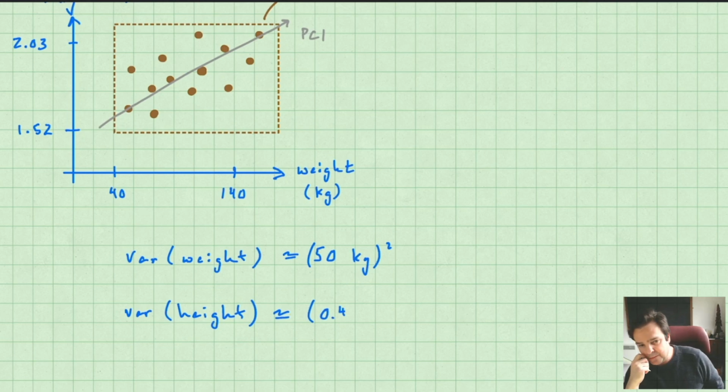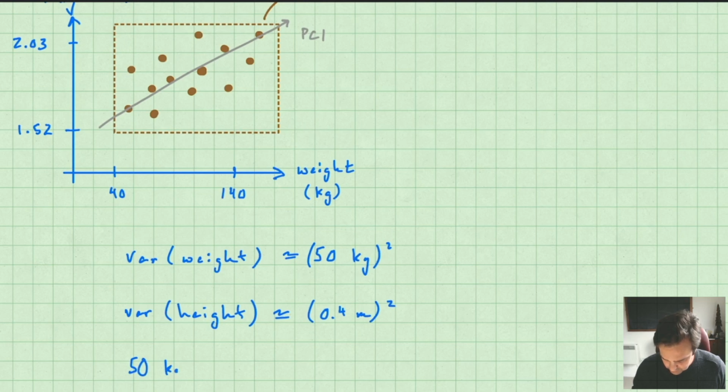Then remember, the way that the principal component analysis axes are chosen is that they're ranked in terms of how large the variances are. So the first axis is the one that has the greatest amount of variance or variation along it, and so on. And so you would look at this and say, well, okay, 50 kilograms squared. Well, we don't really need the squares, but go ahead.